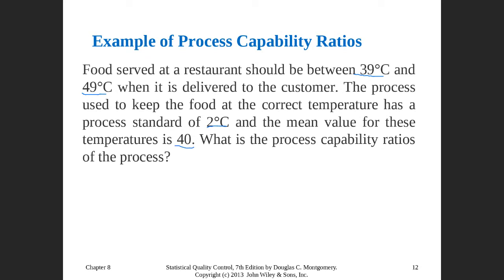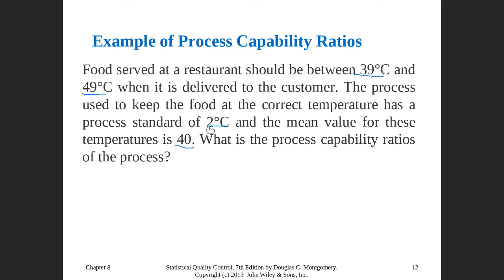Now we use the formulas to calculate the CP and the CPK. To calculate the CP is easy: we take the difference in the specification limits divided by 6 standard deviations. So you subtract 49 minus 39, that's 10, divided by the standard deviation times 6.